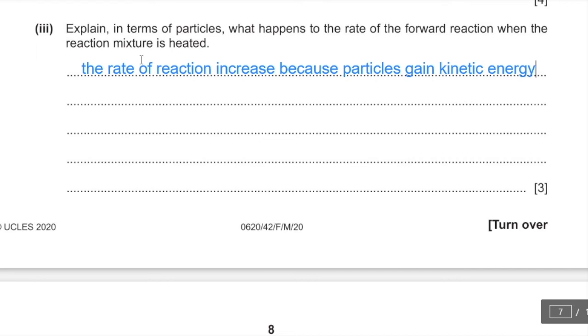So once the molecules gain kinetic energy, they're going to be moving faster, and so the collision rate would increase, and that basically means the rate of reaction increases.